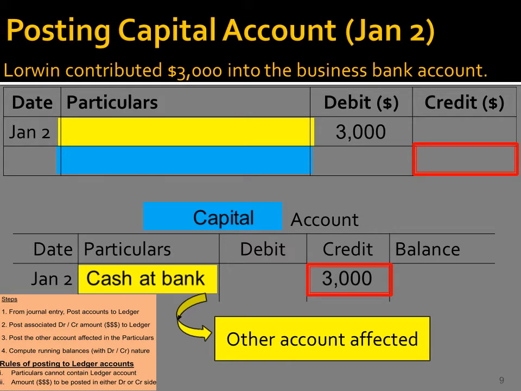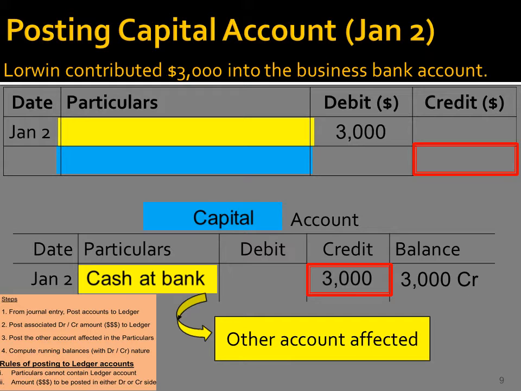Step 4, we would then compute the running balance. In this example, we have $3,000 in the credit column only. So we would have a balance of $3,000, which is a credit balance.